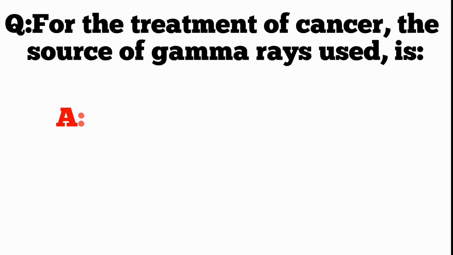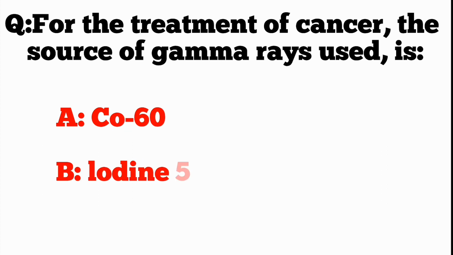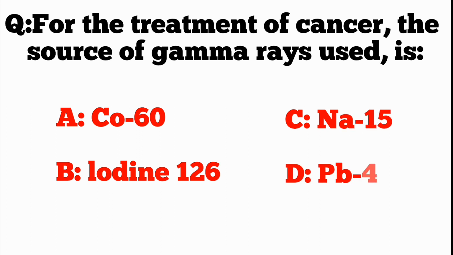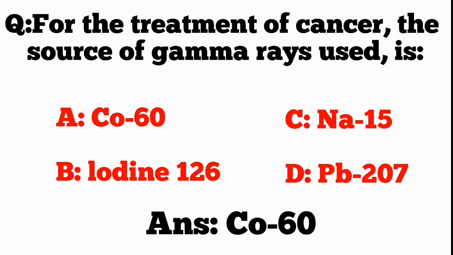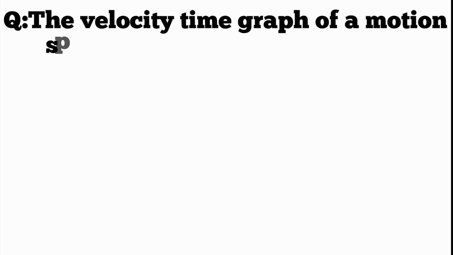Q. For the treatment of cancer, the source of gamma rays used is: A. Co-60. B. Iodine-126. C. Na-15. D. Pb-207. Answer: Co-60.